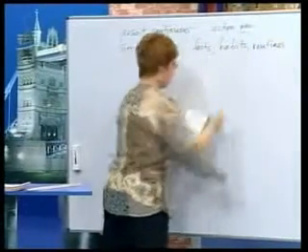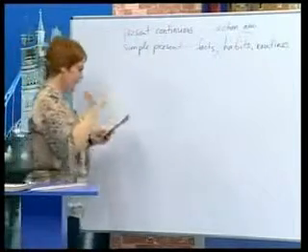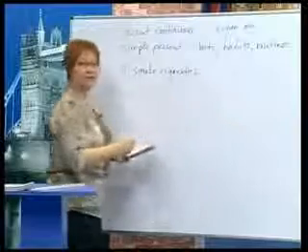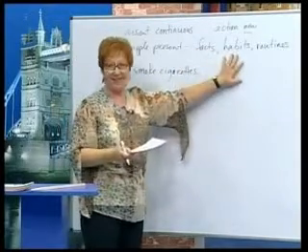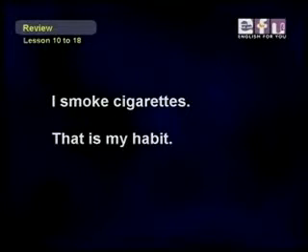Now, let's look at a combination of these. Now, here's an example. I smoke cigarettes. This is a fact, it's my habit, and it's my routine, unfortunately. Okay? That is my habit.